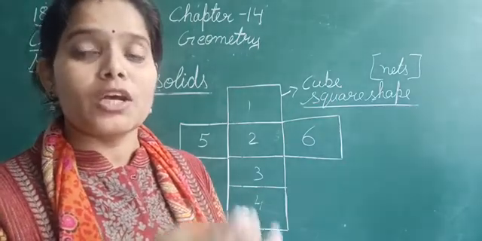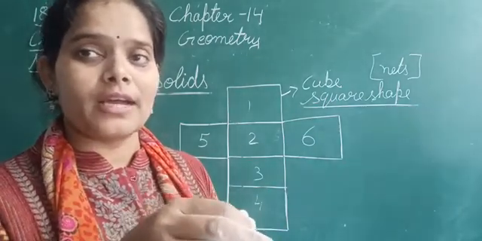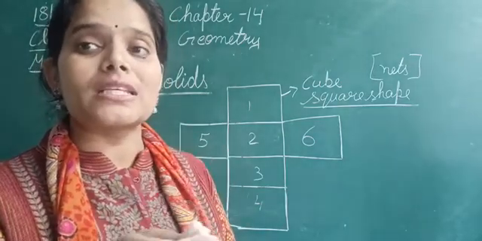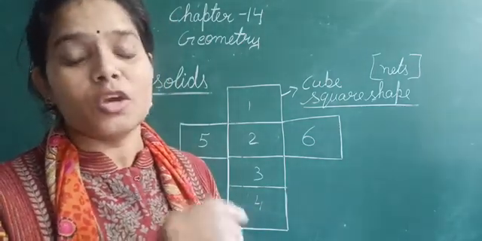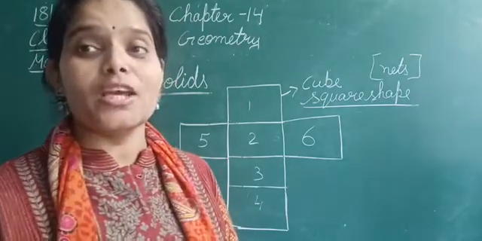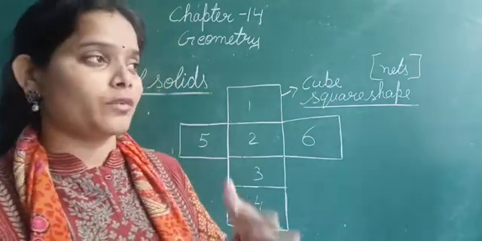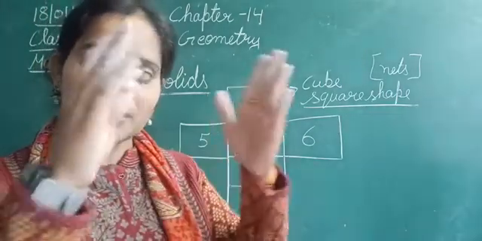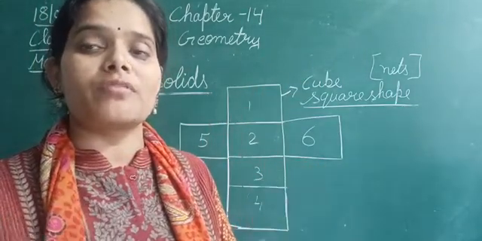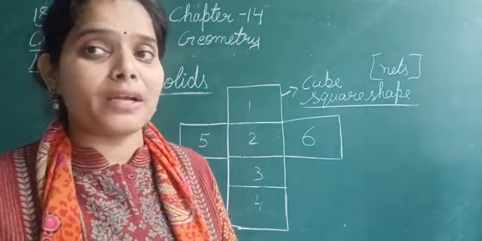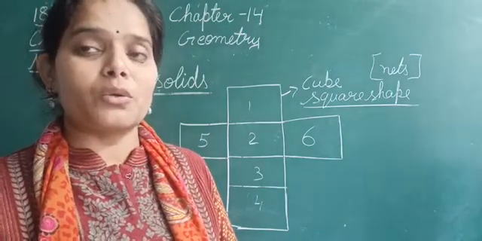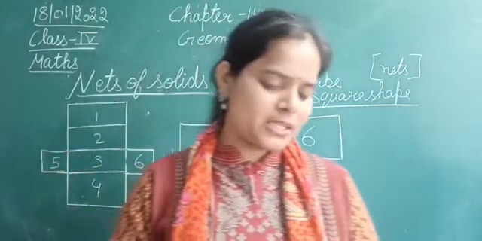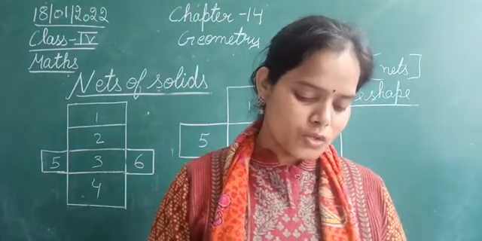After opening all the sides, whatever figure we get is known as the net. When we open a cube-shaped or cuboid-shaped box, whatever figure we get is known as the net of that particular solid shape. Got it? So this was the topic of nets of solids.